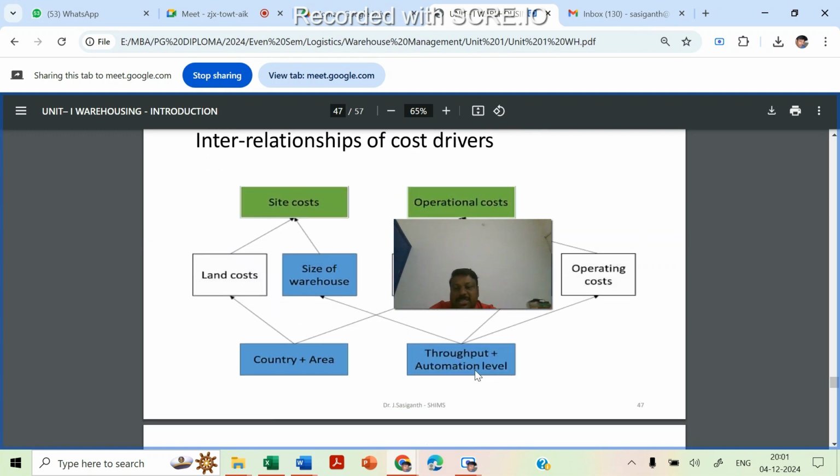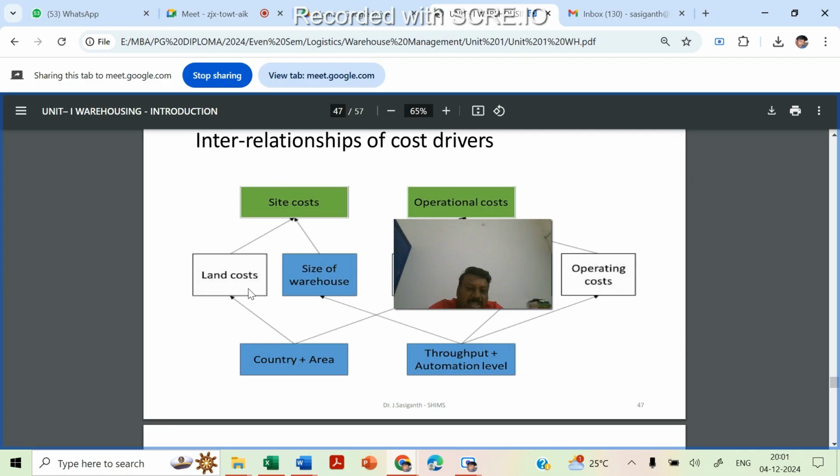Basically, I'm just giving you an interrelationship of cost drivers. One, site cost, then operation cost. Definitely, you'll go for a land cost. Site size of your warehouse, how many acres you make, then country or area.